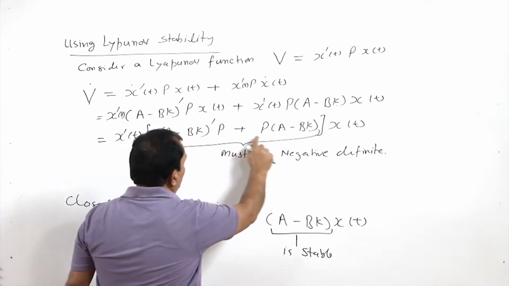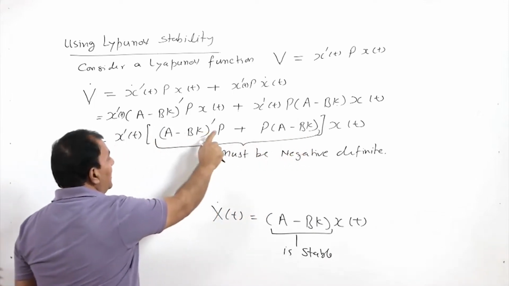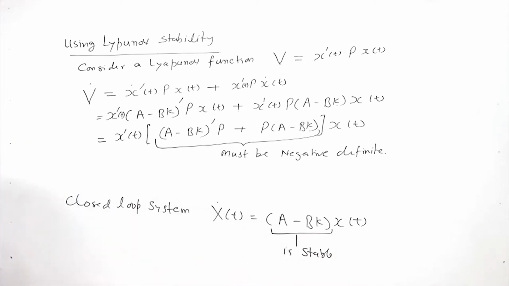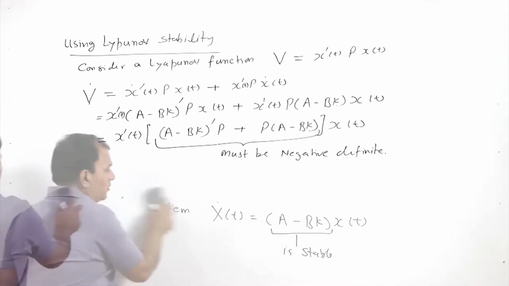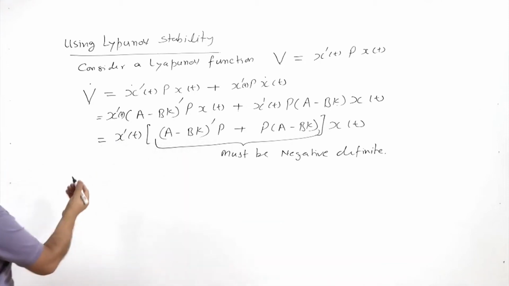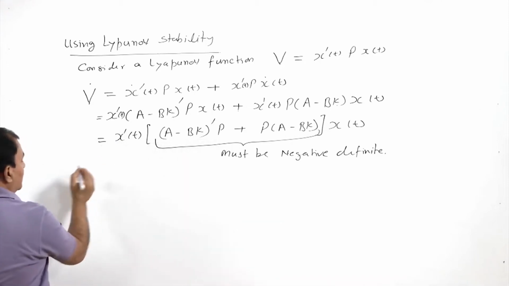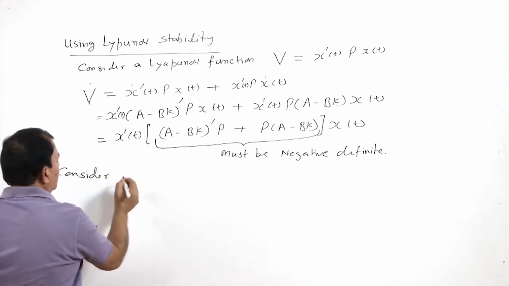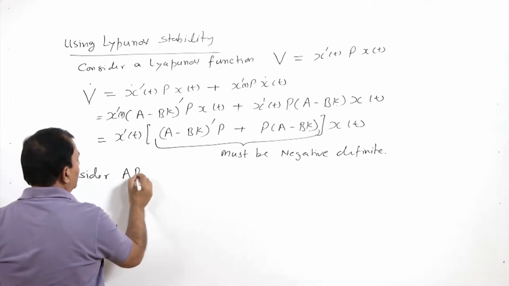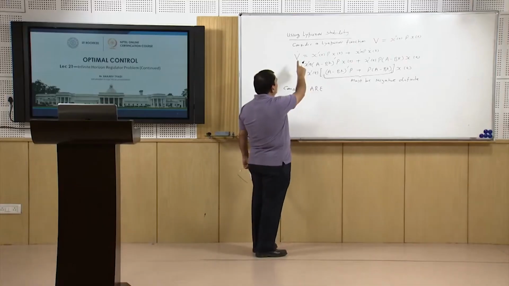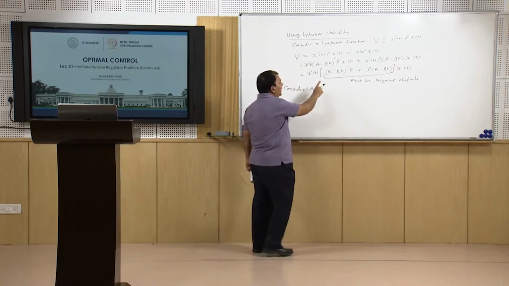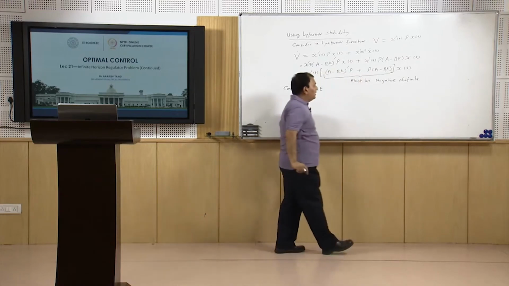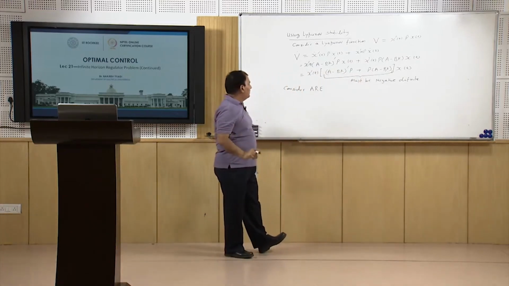So now we have to show that A minus BK prime P plus P A minus BK is negative definite. To show this, we consider the ARE. To show that V dot is negative definite means A minus BK prime P plus P A minus BK must be negative definite.